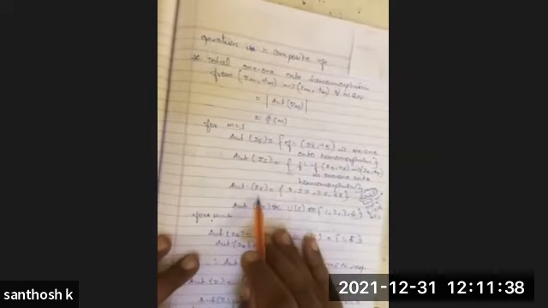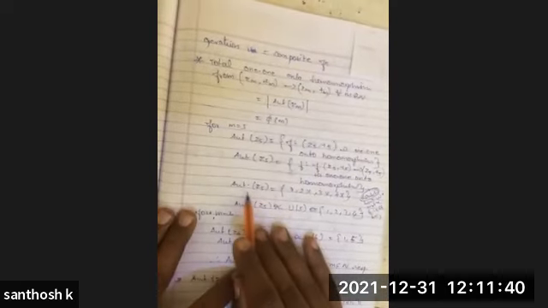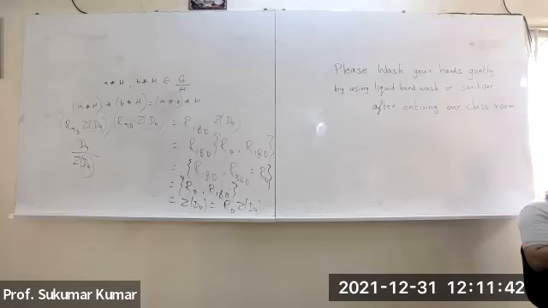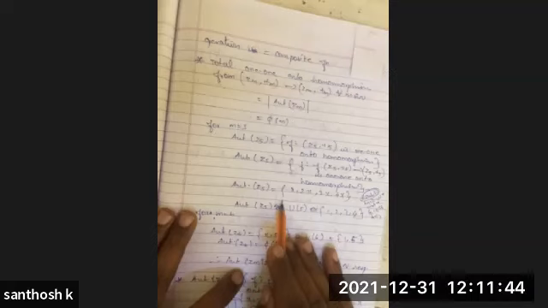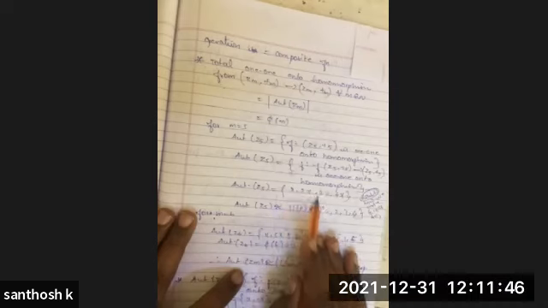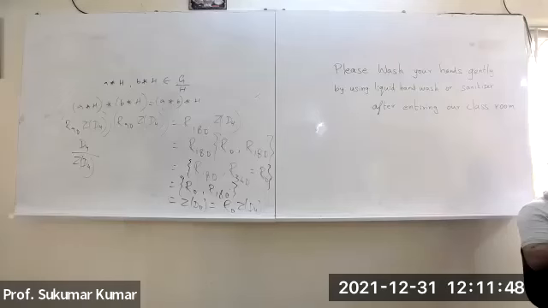Sir, are you able to see the screen, sir? Yes, I can see. Sir, we are writing here x, 2x, 3x and 4x. Over there I get confusion, sir.